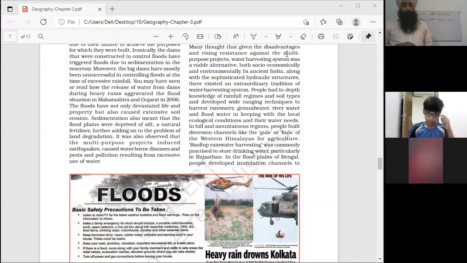It is the most eco-friendly method which causes no social unrest. It is economically favorable. It is a method of utilizing rainwater for domestic and agricultural purposes.